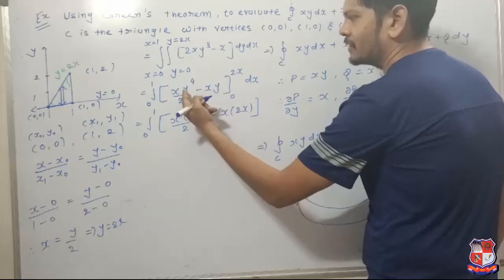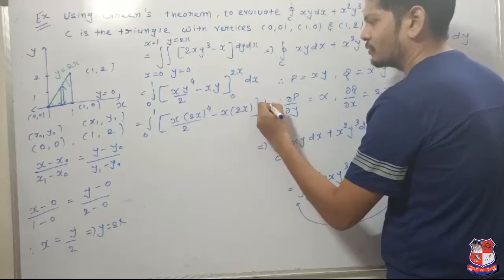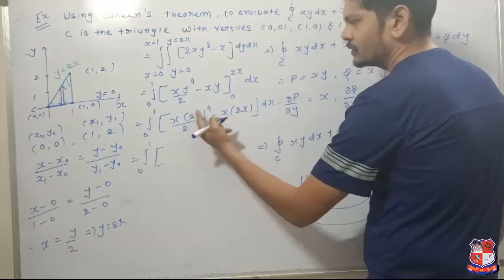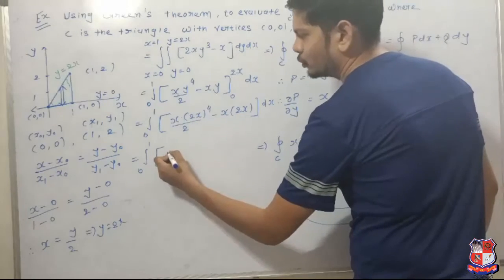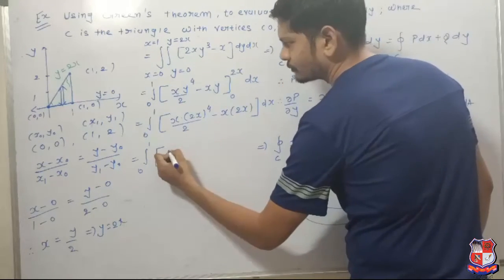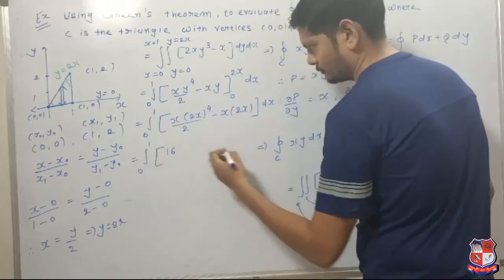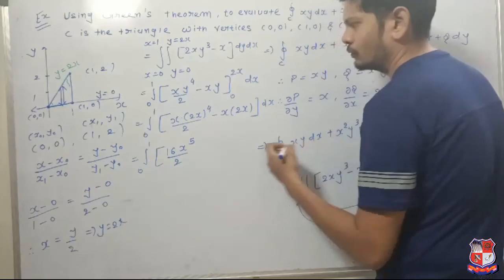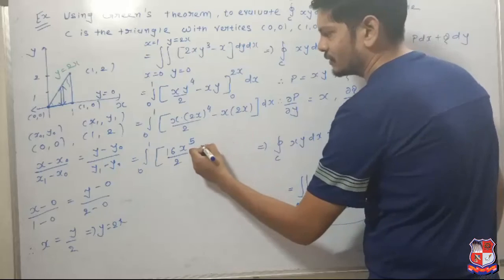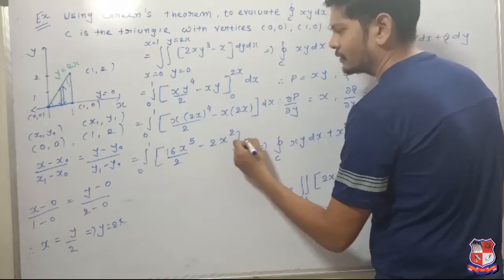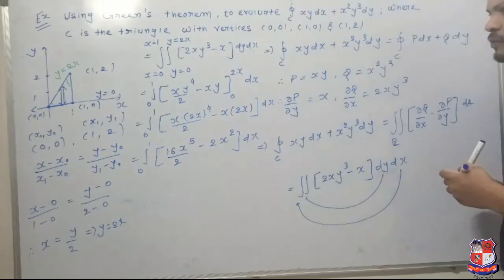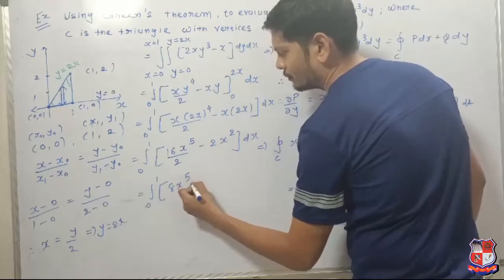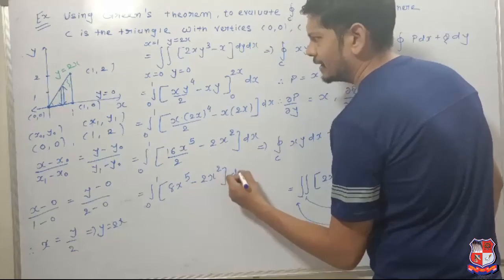If we replace y with 0, it is 0 minus 0, so the term will be 0. No need to write. Now 0 to 1. Now we can write 2 raised to 4, which is 16, x raised to 5 by 2 minus 2x square dx. So we can write here 0 to 1, 8x raised to 5 minus 2x square dx.